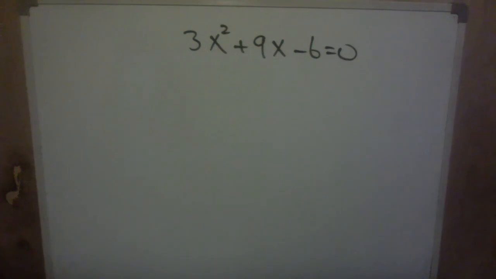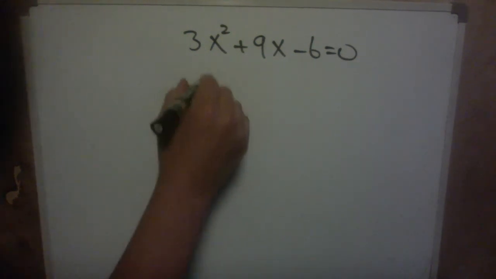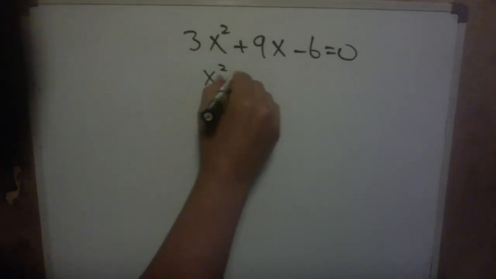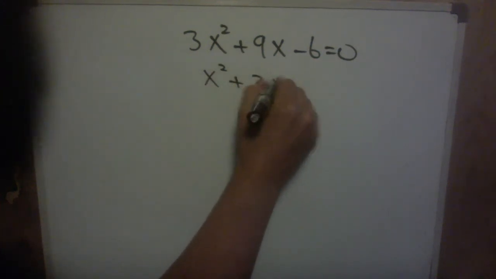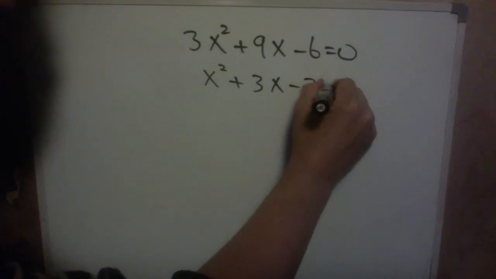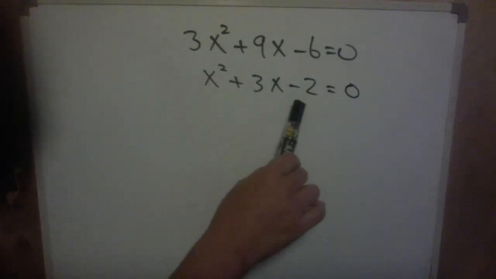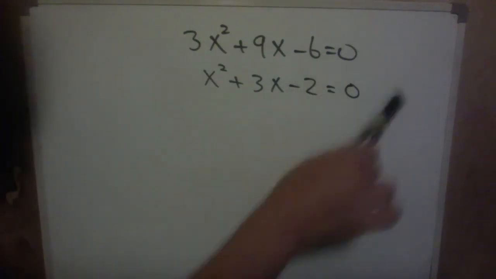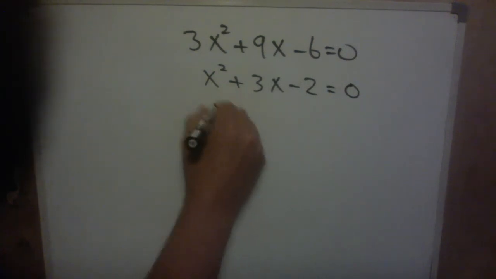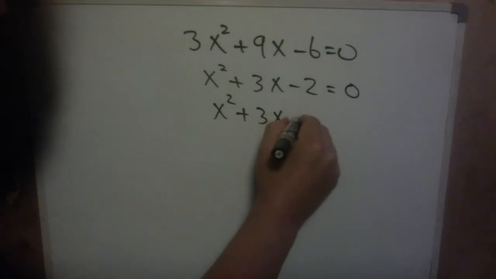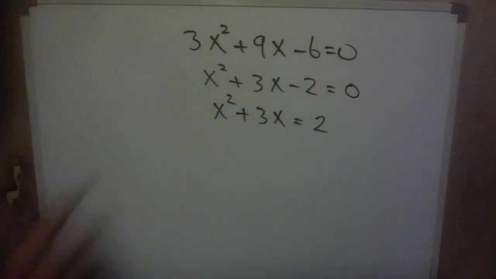We get x squared plus 3x minus 2 equals 0. Now we have this negative 2 on the left-hand side, so we want to move it to the right-hand side. So that becomes x squared plus 3x equals positive 2.